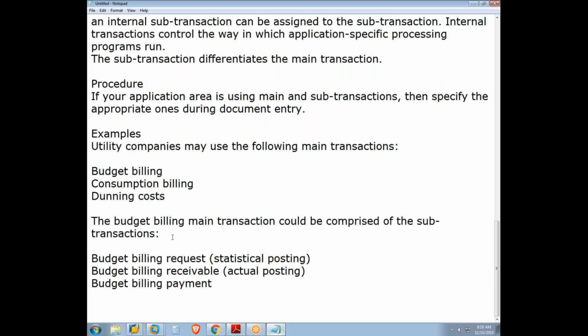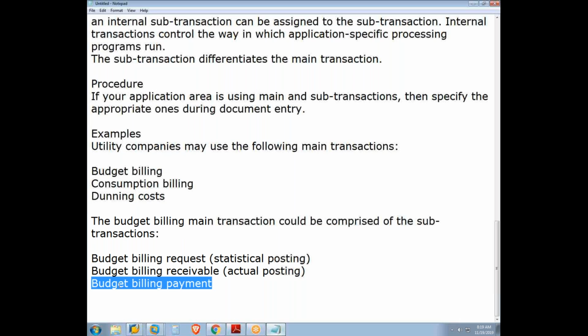The budget billing main transaction could be comprised of the sub transactions: budget billing request, budget billing receivable, budget billing payment. That means budget billing request is a sub transaction in one of the main transactions. Budget billing receivable could be the actual posting, which is again under another main transaction, and budget billing payment could be another sub transaction in another main transaction.